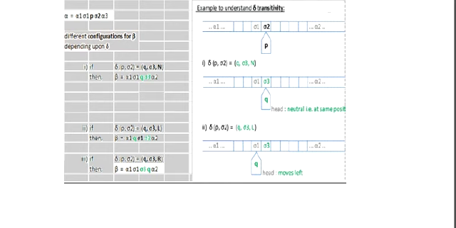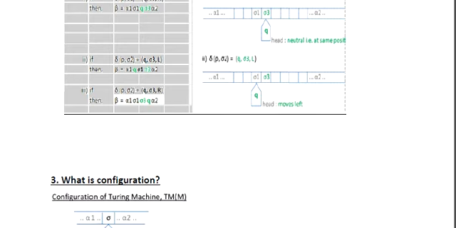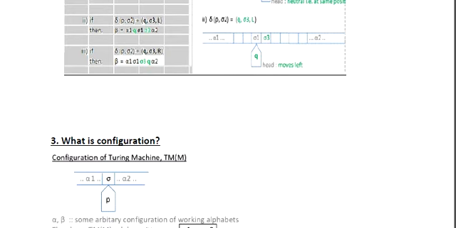The same is also done for the left head movement. First I will change sigma 2 to sigma 3, and then I will change my state from p to q, and then I will move the head to the left, so now it's pointing to the left side.